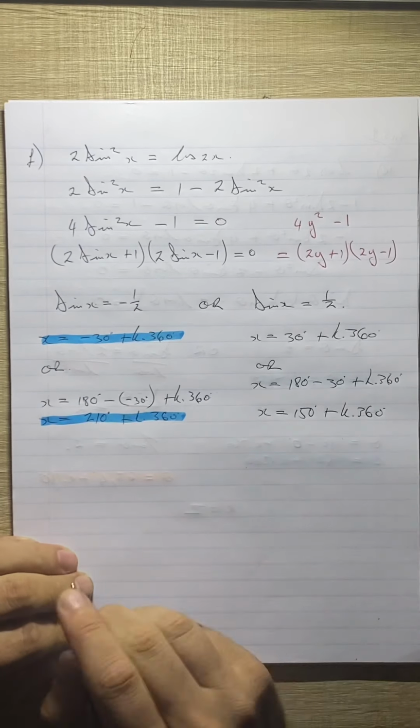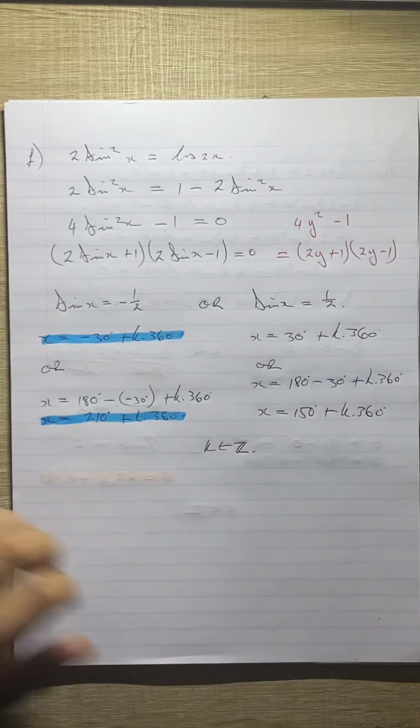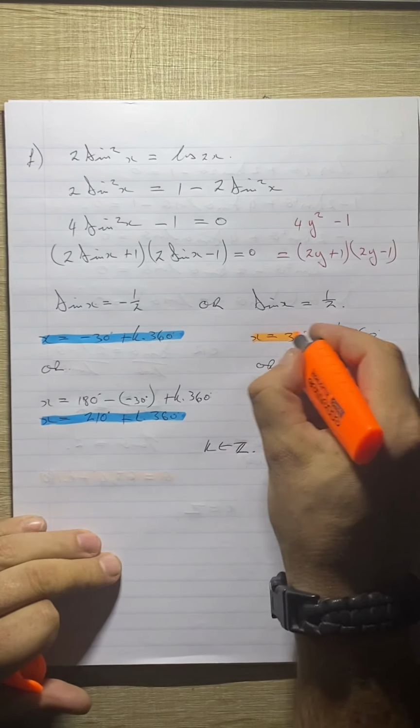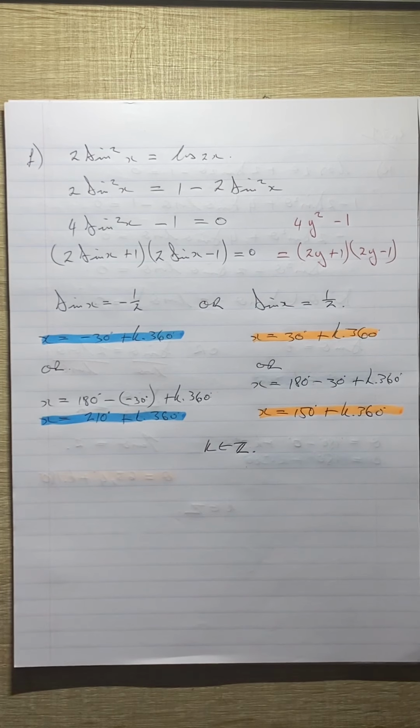And what I need to do now is just say that K is an element of the integers. And these two are the solution for that. Okay, guys, thank you.